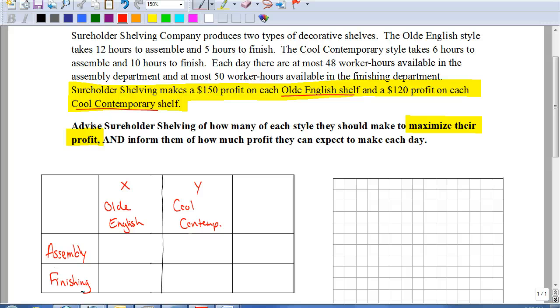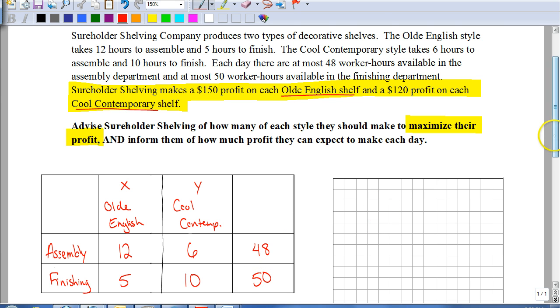So now, like I said, we're going to fill in this information. It takes 12 hours to assemble and 5 hours to finish an Old English style shelf. And it takes 6 hours to assemble and 10 hours to finish a Cool Contemporary shelf. Each day there are at most 48 worker hours available in the assembly department and 50 worker hours available in the finishing department.